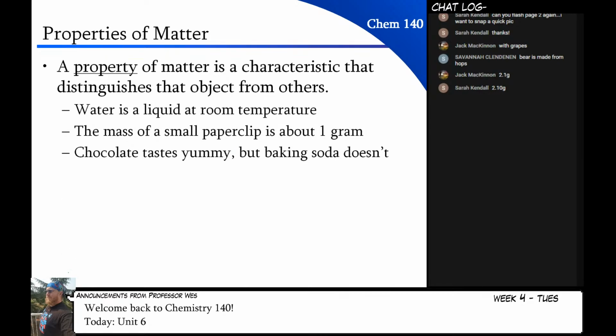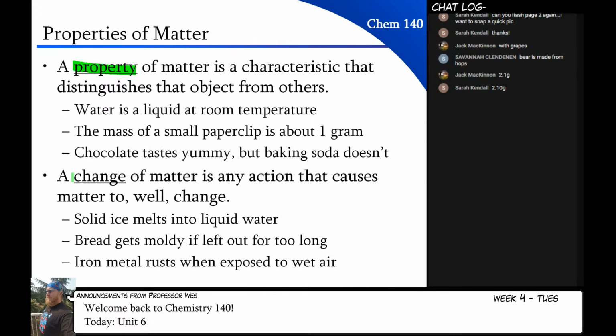We're going to distinguish properties of matter and changes in matter. For our purposes, these are going to be more or less just minutiae. We're going to examine qualities or actions and then just determine if physics or chemistry has occurred.